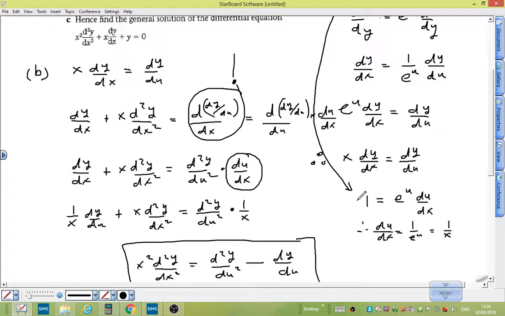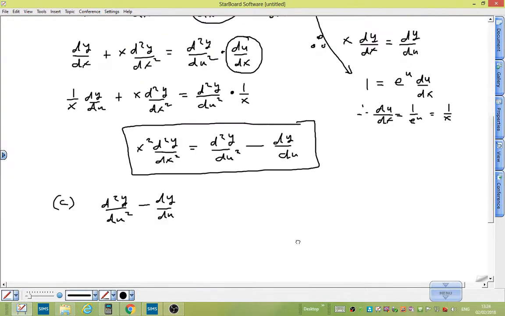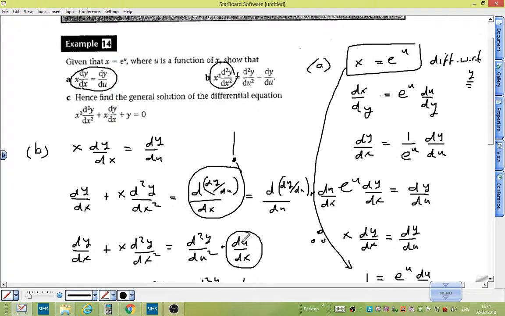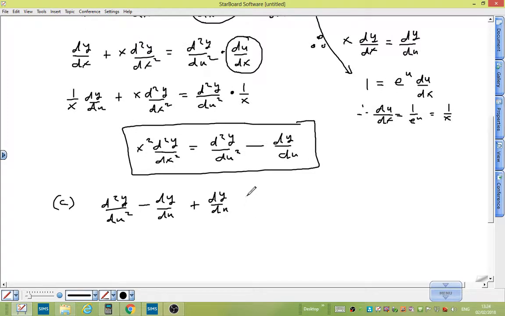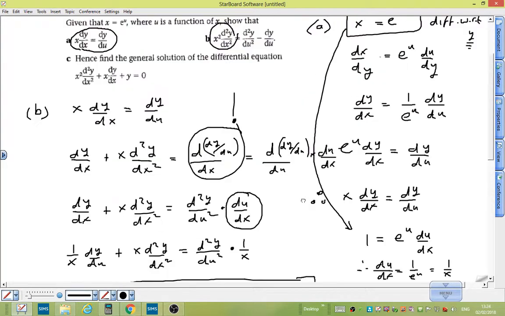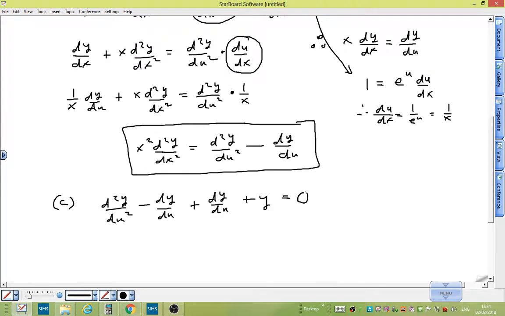So you can see here plus x dy by dx is equal to dy by du. So plus dy by du and plus y, and I think it equals 0. It's a homogeneous equation, so 0.